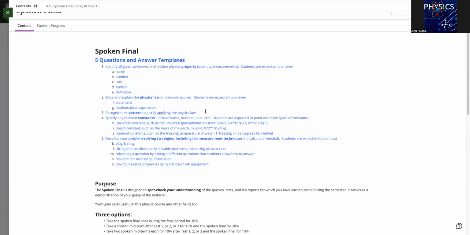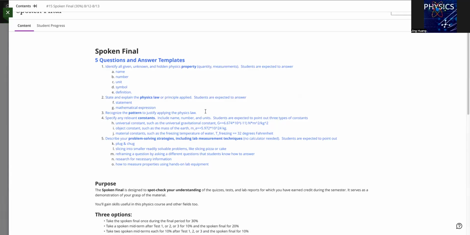If you need to know which equation or which function to apply or which physics law to apply, that is the crux of the matter for solving every problem in our case. It's really that you need to recognize the pattern, because every physics law or every physics principle is not applicable everywhere. They only apply for certain types of problems.